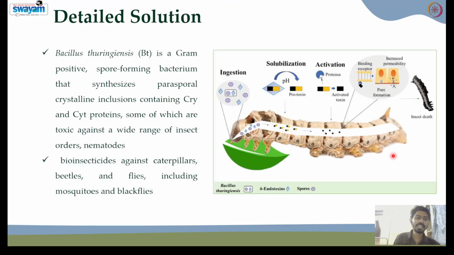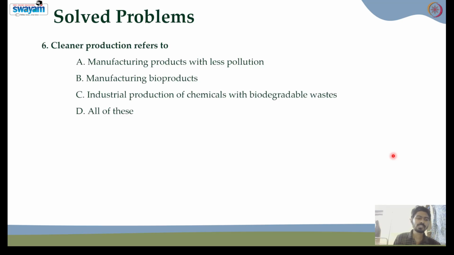So we will move on to the next question, which is: cleaner production refers to manufacturing products with less pollution, manufacturing bioproducts, industrial production of chemicals with biodegradable waste, or all of these.